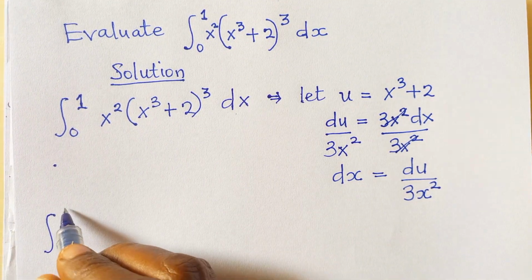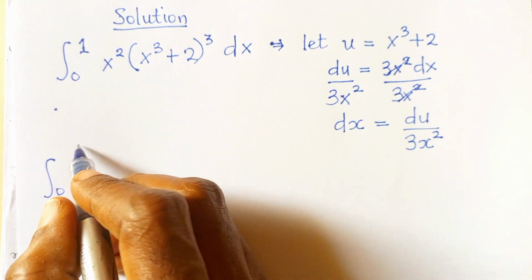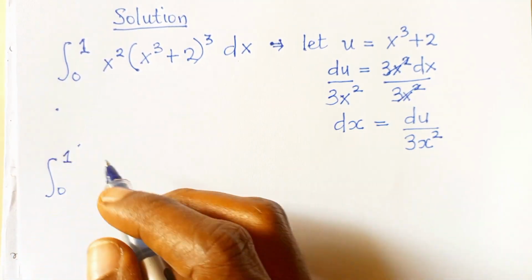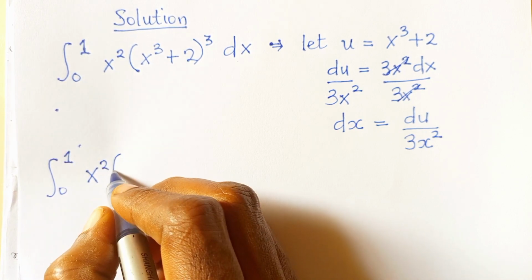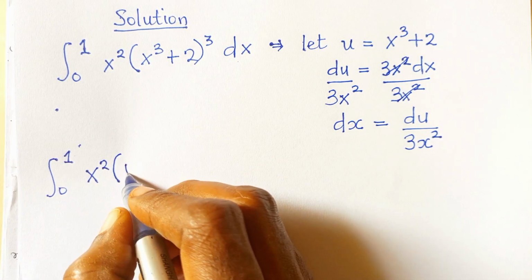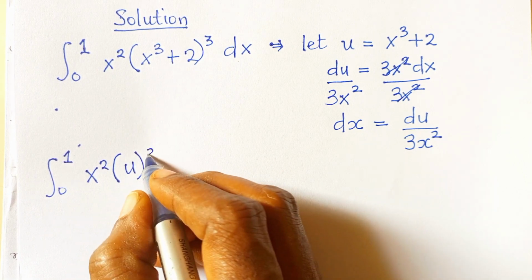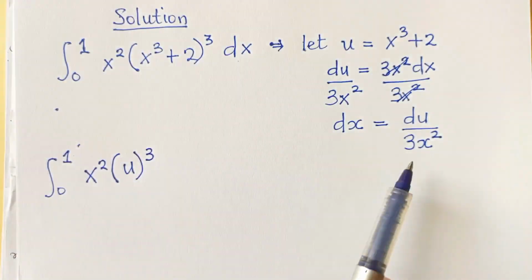So we have a new integral function, which is going to be x squared into bracket u cubed. Our dx is now du over 3x squared.